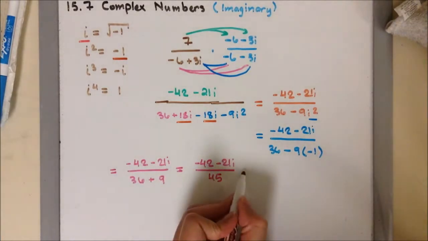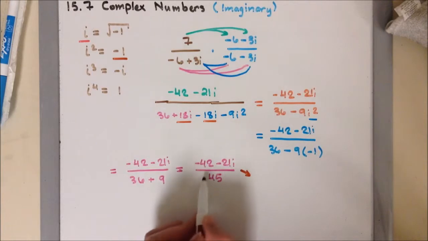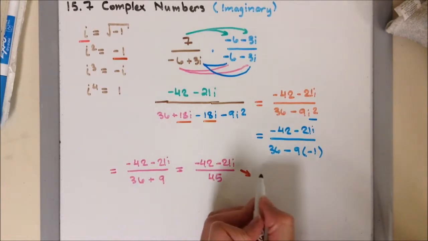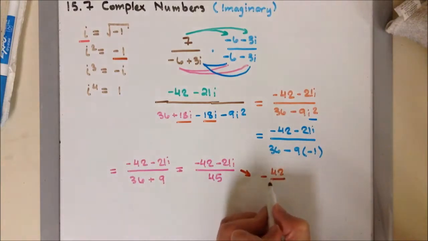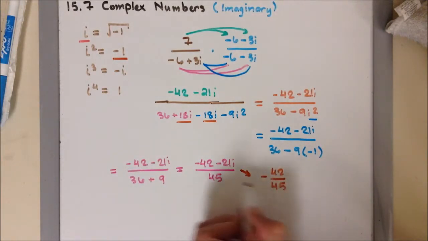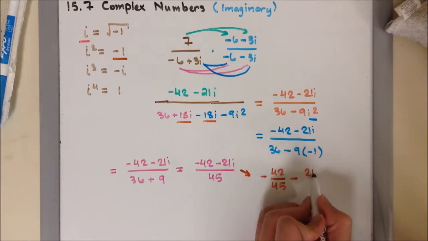For standard form, I'm going to split this into two fractions because we have one denominator. So the real number is negative 42 over 45. Since this is minus 21i, I'm going to write minus and then 21i at the top and then 45.